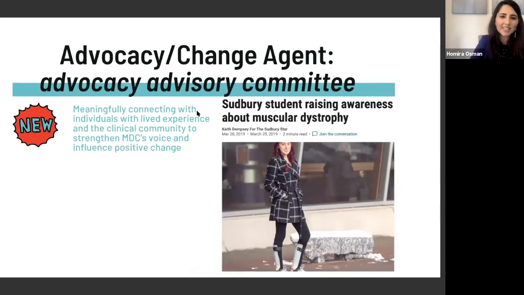We're also really excited to announce that as part of our advocacy portfolio, our change agent portfolio, we want to really represent the patient voice, or the client voice, the community voice in the right way. And so we're doing this by connecting meaningfully with individuals with lived experience and clinicians.